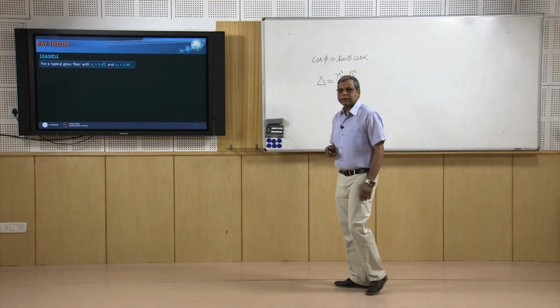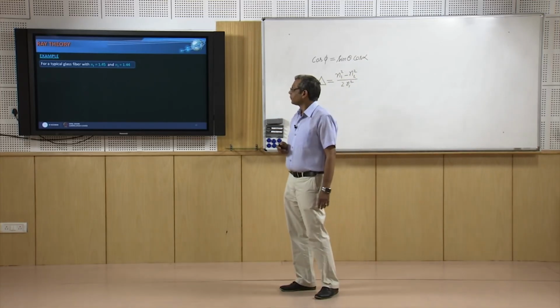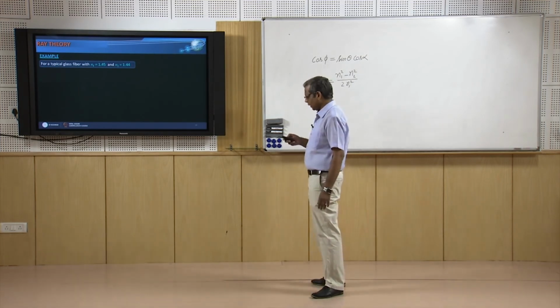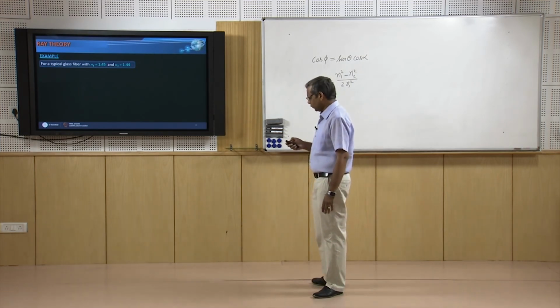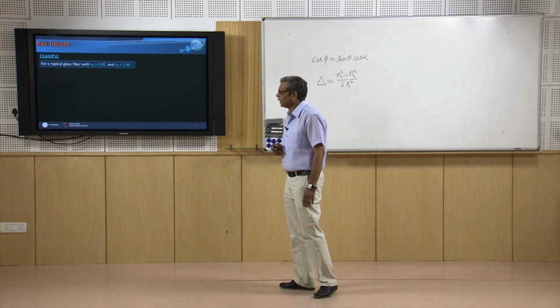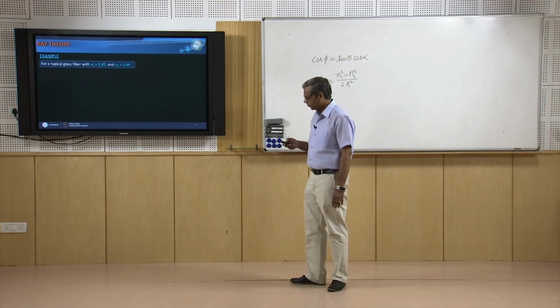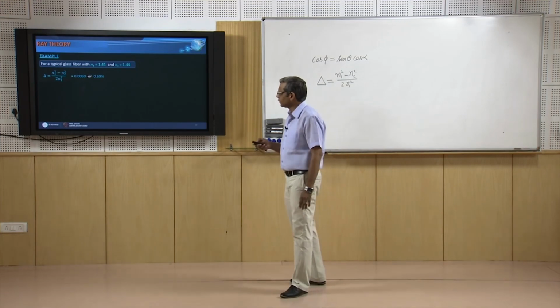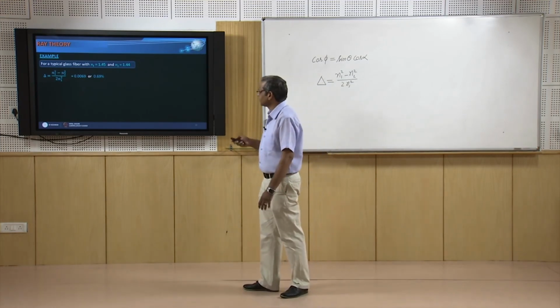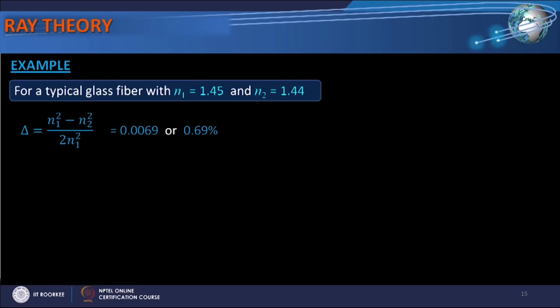Let us consider an example. For a typical glass fiber with n1 is equal to 1.45 and n2 is equal to 1.44, delta is equal to about 0.69% and NA is equal to 0.17.